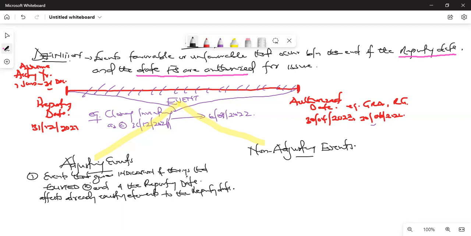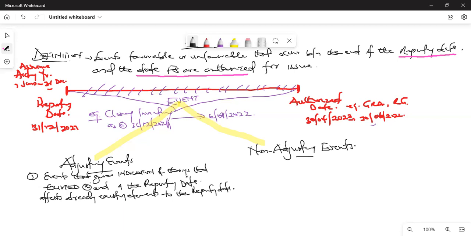Let me give you a typical example. If we are in 2021, and we are served a court case, that will mean that we are aware of a potential liability that is coming to us. So what is going to happen?